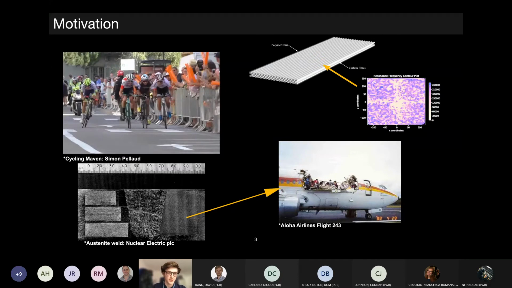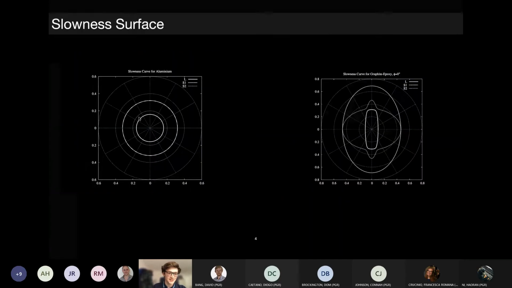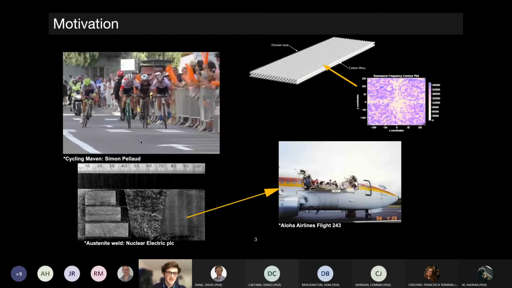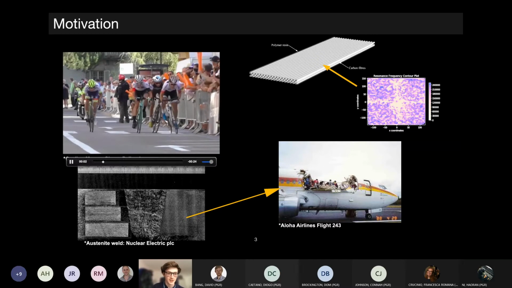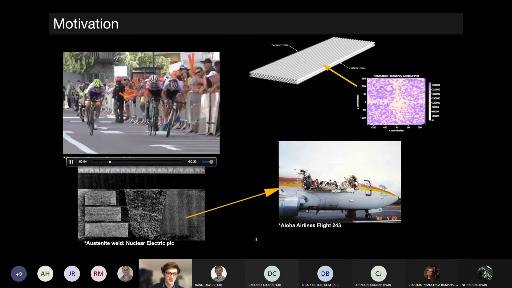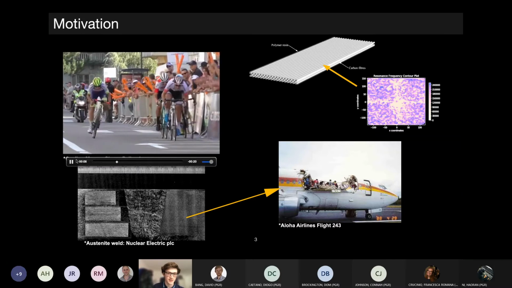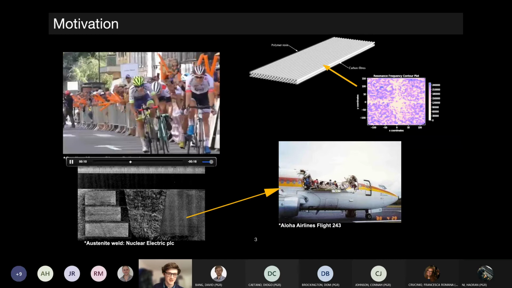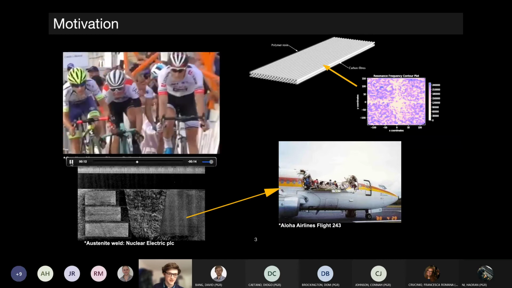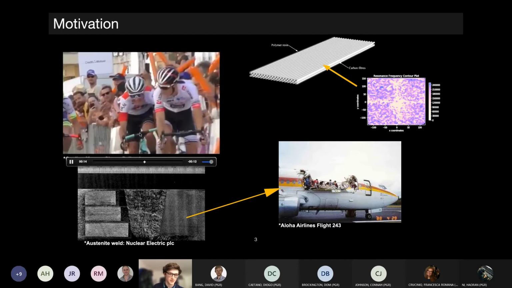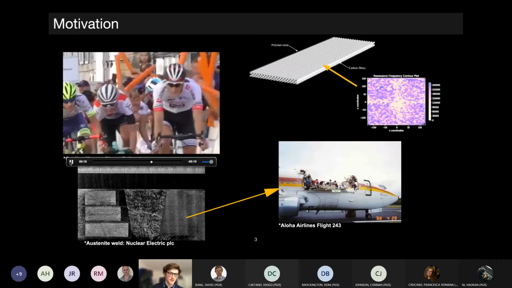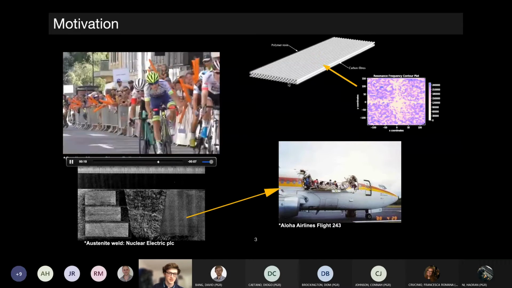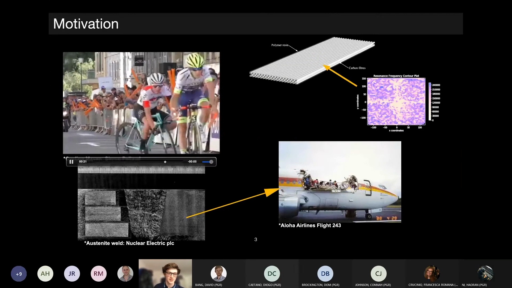So this is a video here of what can go wrong. This is the end of a race, and you watch this rider here. This is a carbon fiber race bike, and if you watch here, the handlebars completely shear off of the front of the bike, and this is a delamination in this carbon fiber type material.